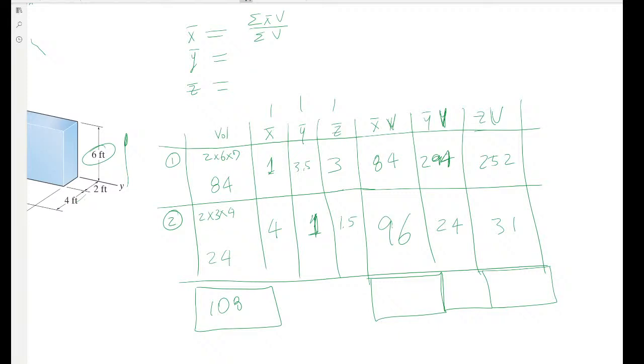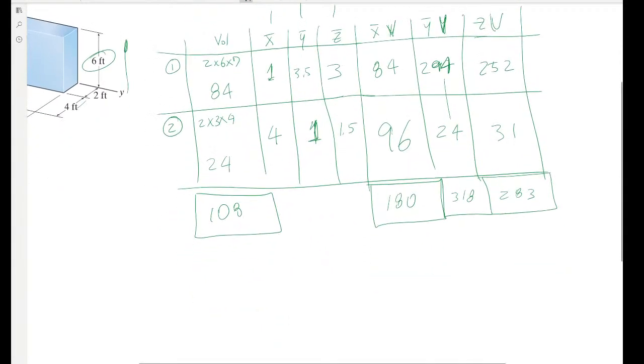Now, 84 plus 96, 180. And then these two, 294 plus 24, 318. So I guess I really didn't need the wide column. 252 plus 31, 283.